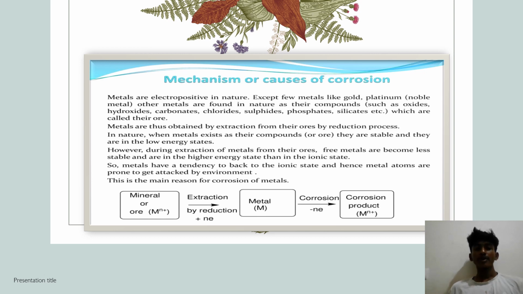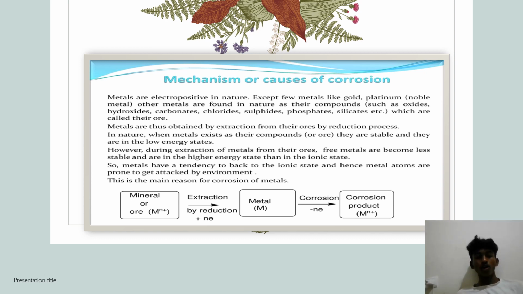In nature, where metals exist as their compounds, they are stable in their lower energy states. However, during extraction of metals from their ores, free metals become less stable and are in a higher energy state than in the ionic state.